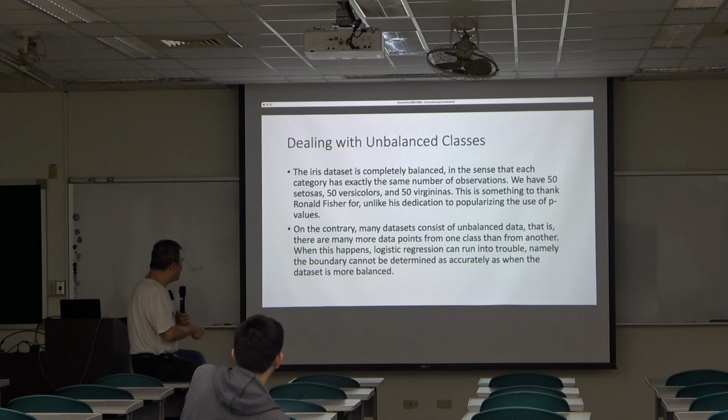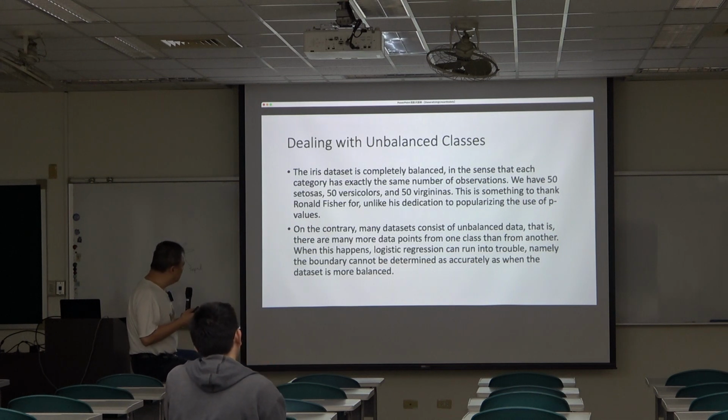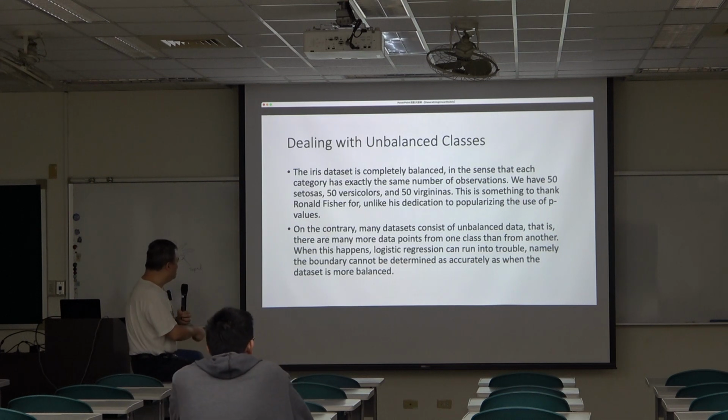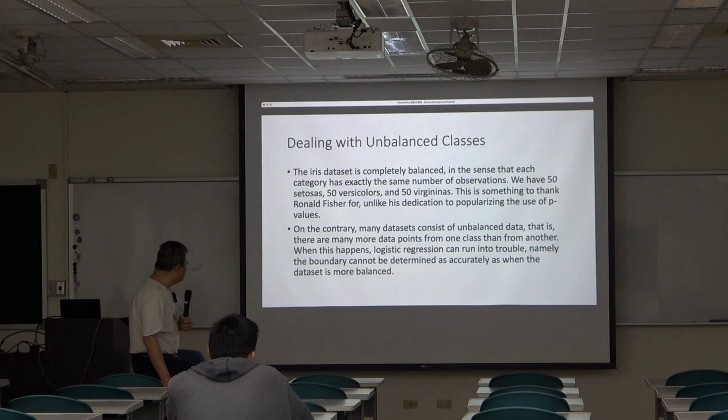On the contrary, many data sets consist of unbalanced data, as I said. So there are many more data points from one class than from another. If this is the case, logistic regression can run into trouble. What trouble is it?